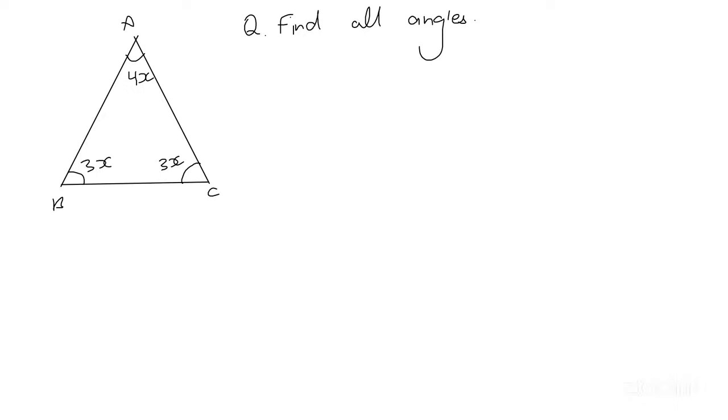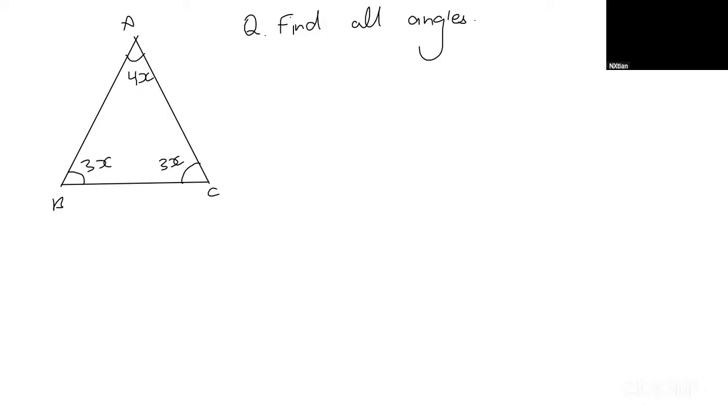Angle C is equal to 30 degrees. Angle A is equal to 40 degrees. That is incorrect, Abraham. Add them and tell me what is the sum. 30, 30 and 40. And what should be the sum of all angles of a triangle?